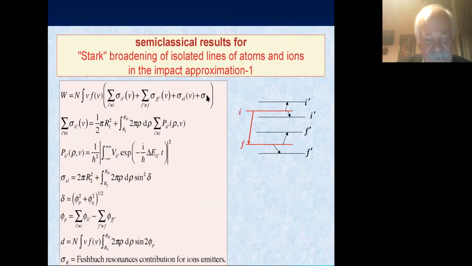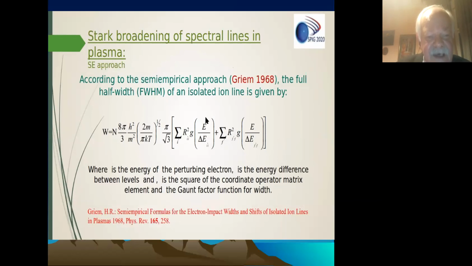So Griem in 1968 formulated a very approximative approach where all this complicated stuff is estimated empirically from experiments, from cross sections, and he introduced this part as the Gaunt factor, so that the formula becomes simpler.